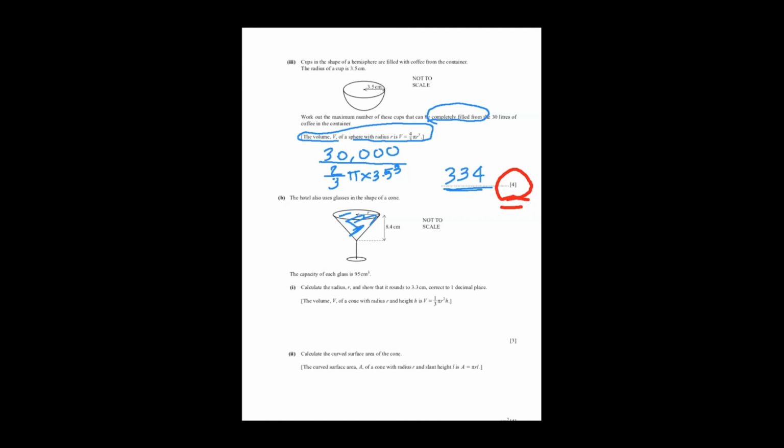We know that the volume of this cone is 1 upon 3 pi r square h. The h value is known, r is not known, but the volume is given as 95, so we can equate this.